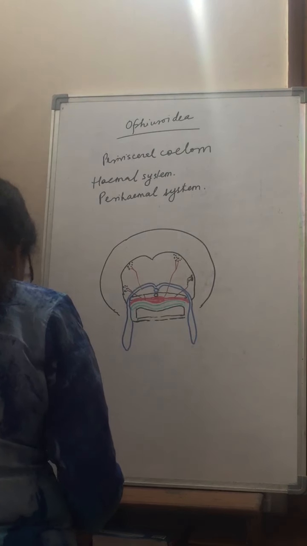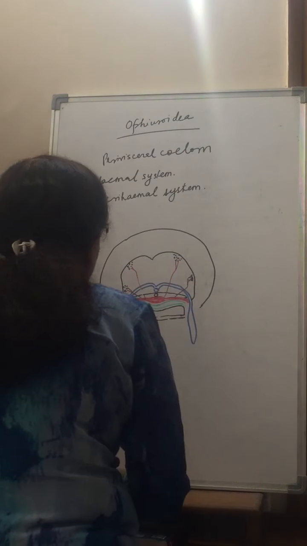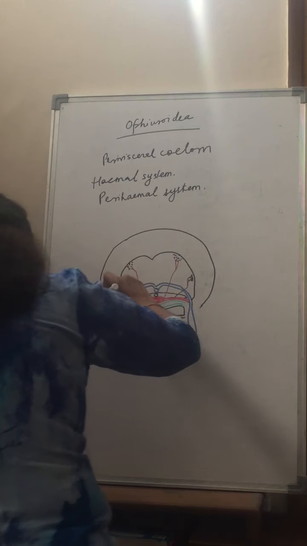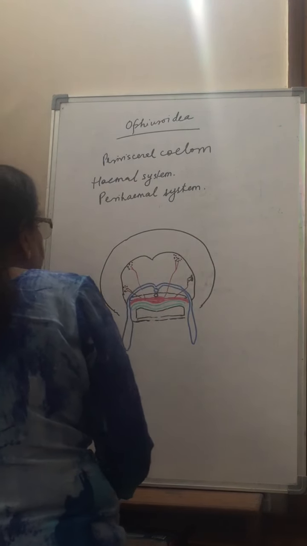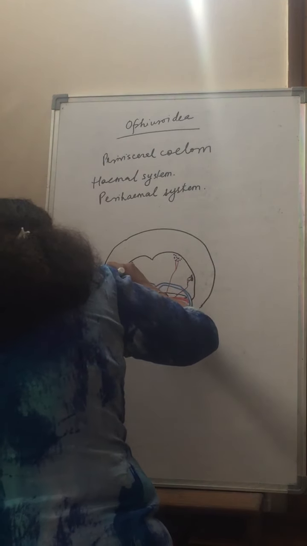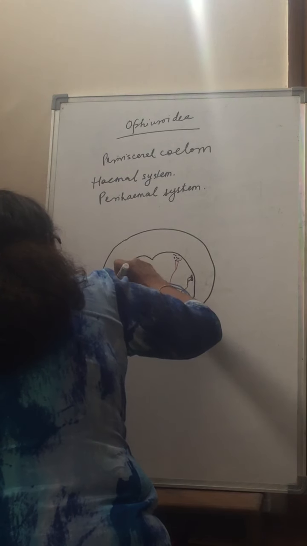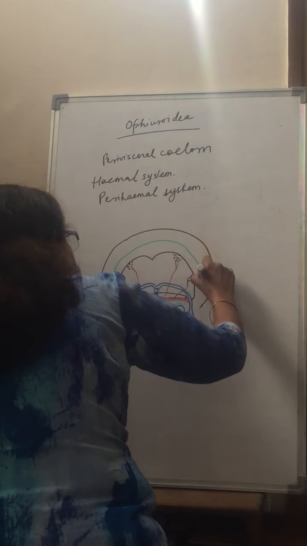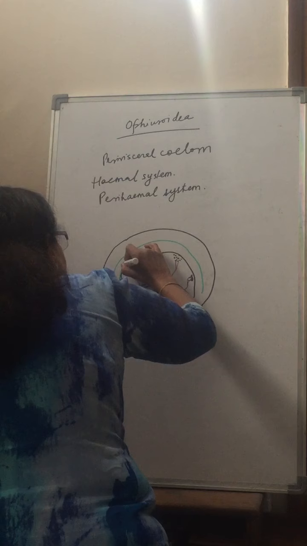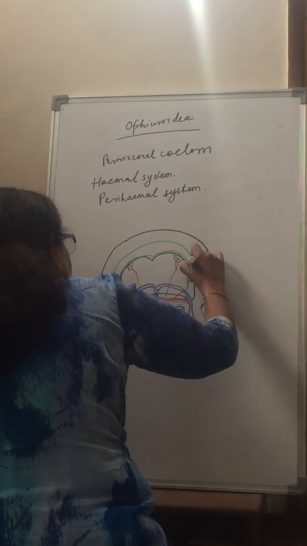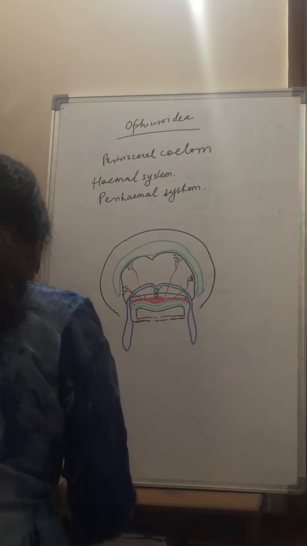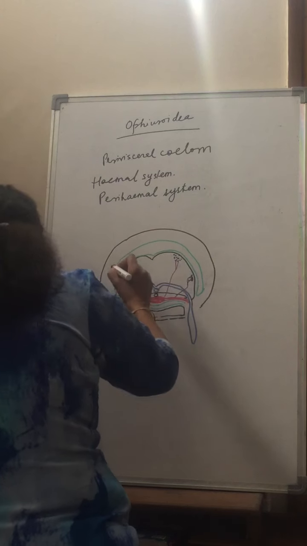Aborally, as we discussed earlier, we have coelom. Let me make it in green. This is the coelom which is there. Then we have these ossicles which are there.